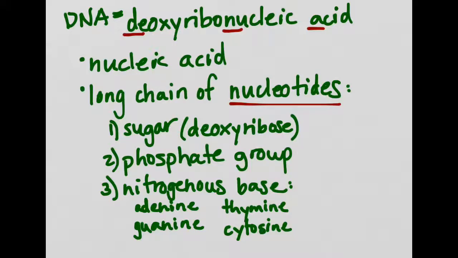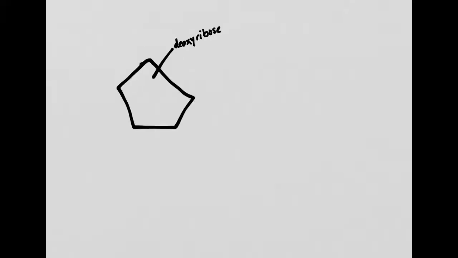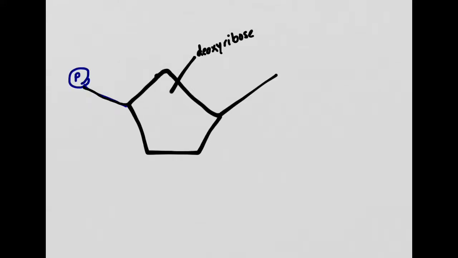Let me show you what that looks like. There is our 5-carbon ring, our deoxyribose. Coming off of it, we're going to have a phosphate group. And coming off of the other side, we'll have either our adenine, guanine, cytosine, or thymine. I'll abbreviate that as NB for nitrogenous base.